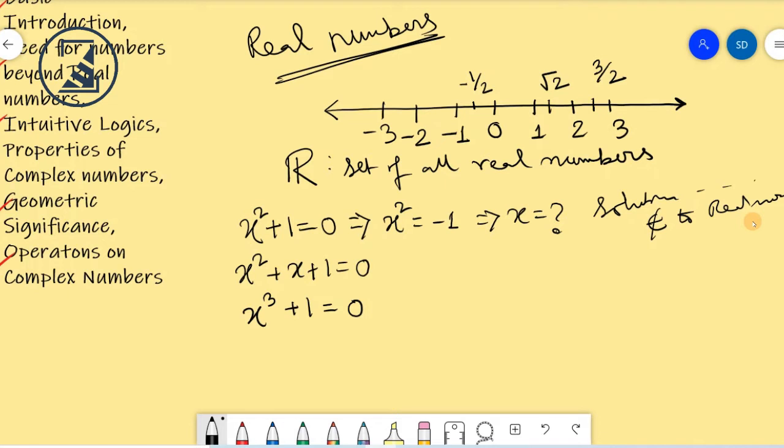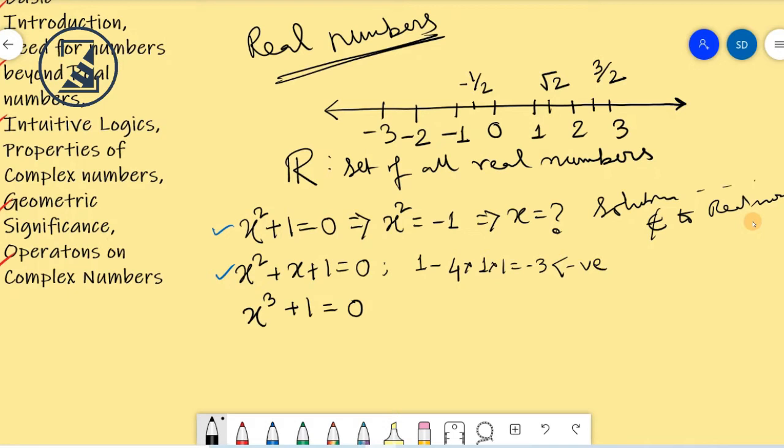So this equation is done. What about this equation? For this equation, if you write down the discriminant, you will find b squared is 1, minus 4ac is 4 multiplied by 1 multiplied by 1. So this is negative.